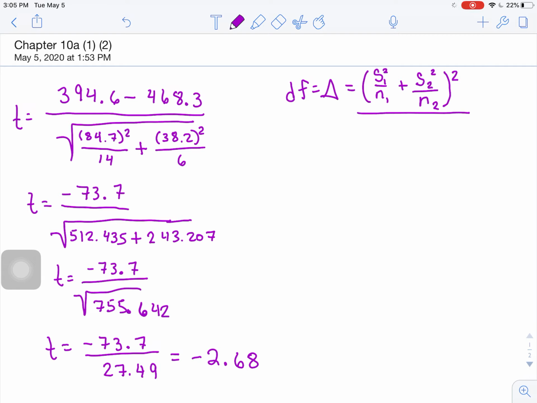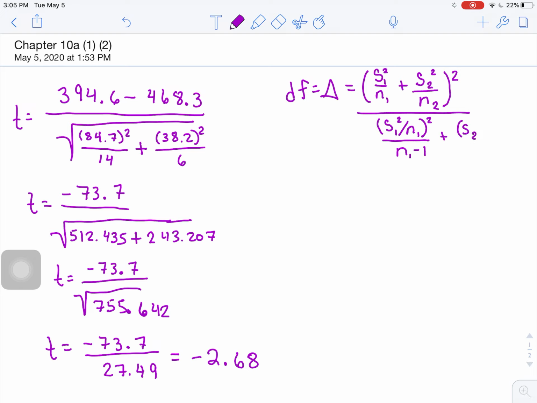Then we also have to do, in our denominator, our standard deviation for the first population squared divided by the sample size for the first population, and then we're going to square that whole thing. But then we also have to divide it by the sample size minus 1.